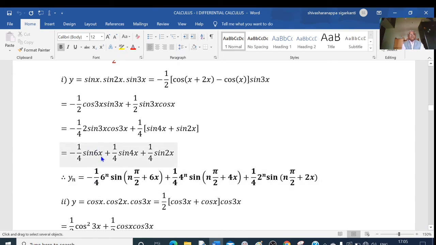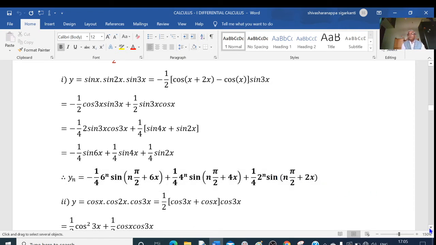Sin 6x derivative is 6 to the power of n into sin of n pi by 2 plus 6x, plus 1 by 4 into sin 4x nth derivative is 4 to the power of n into sin of n pi by 2 plus 4x, plus 1 by 4 into sin 2x nth derivative is 2 power of n into sin of n pi by 2 plus 2x.